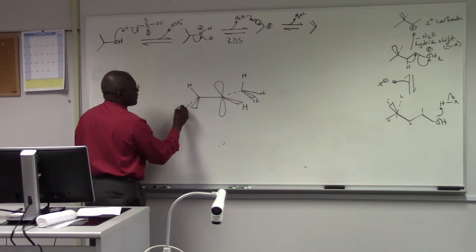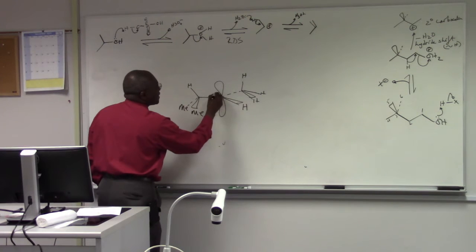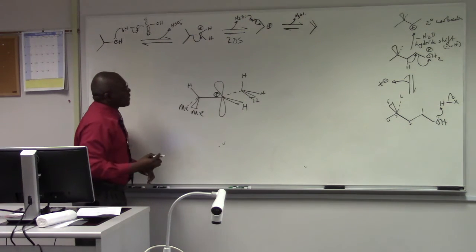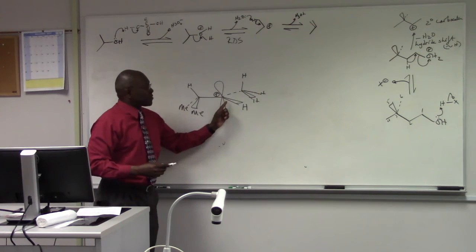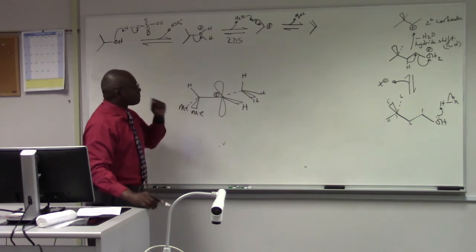Let's make it methyl and methyl. So I'm making a carbocation which is secondary, right? So I've got a methyl here, and then an isopropyl group in this position.